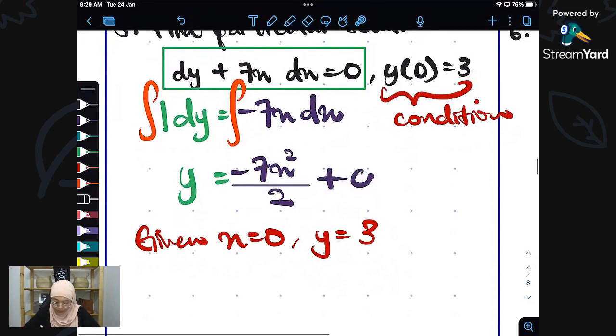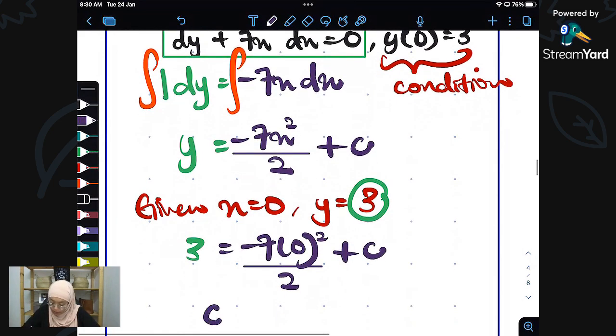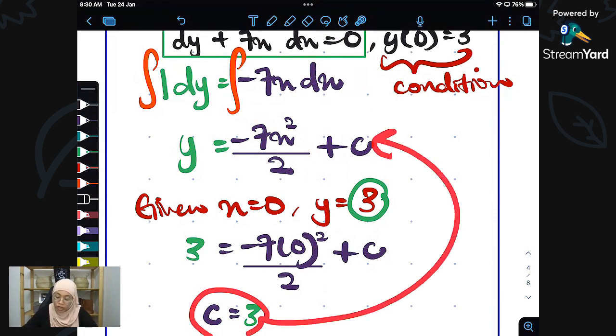And then we are ready to sub in the value of y, which is 3, equal to negative 7 times 0 squared over 2, plus c. So what's the value of c? The value of c is just 3. We sub the value of c back into the general solution, so that we will get a particular solution.